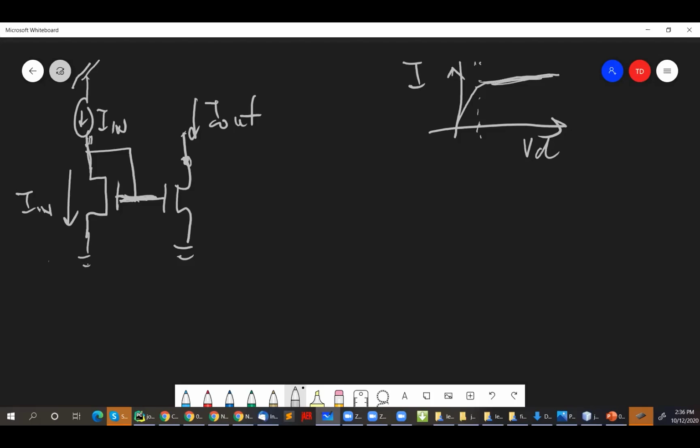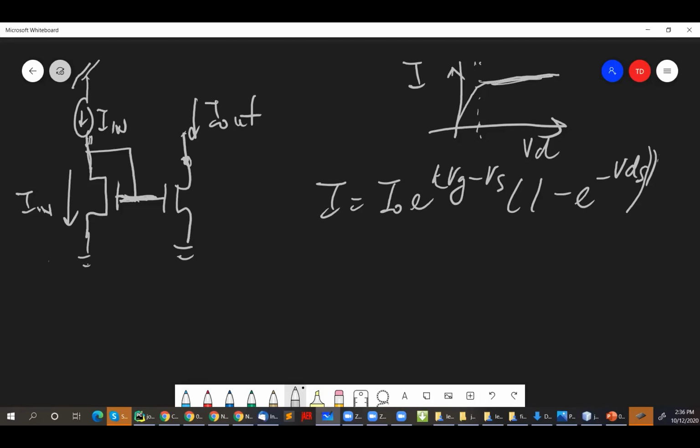Okay, so given that it's an exponential, which is always very nice, you can then write your equations again. It'd be I, minus Vs, because usually you drop the Vs because they set it to ground, but you don't always have to tie the source to ground, by the way. You'll see in a second that you don't have to do this, and it actually gives you some extra properties to the circuit.